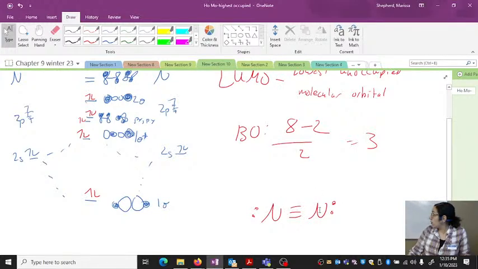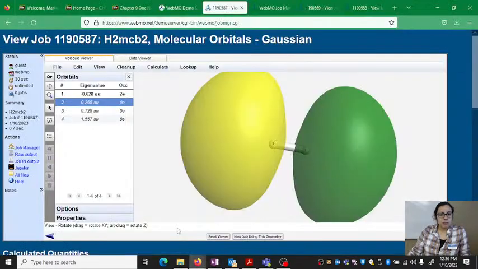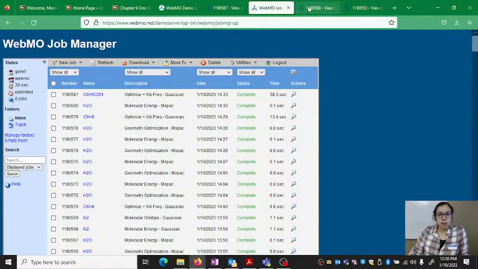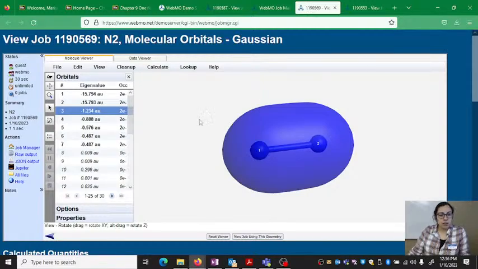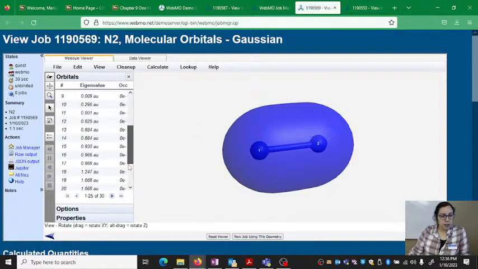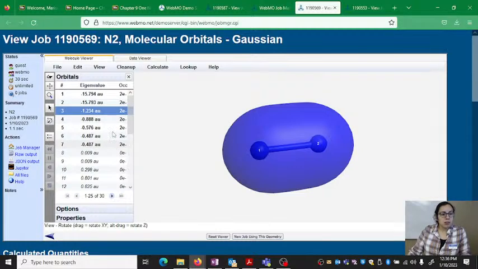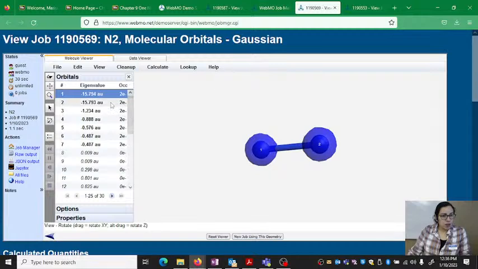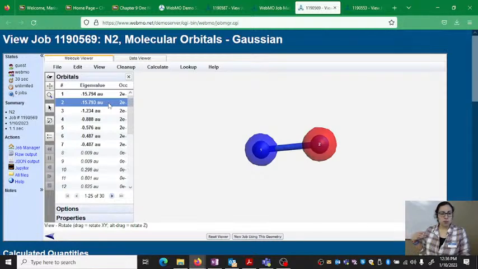And so now let's compare that to what WebMO would spit out. And let's see if it saved my job. Where is it? So here's N2 over here. And notice the first thing. It gives you your 1s bonding and formally anti-bonding, even though those are core electrons, so we don't really care about them.